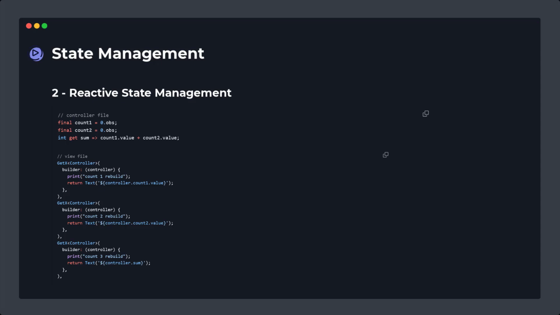So whenever there is a change inside count1, that change is also going to be triggered in the sum. So we can use reactive state management with the controller as well using GetX. And if we talk about the Obx widget, we don't need to create or call any controllers. We are not going to create any builders, but a simple single line which is going to update any of the widgets.